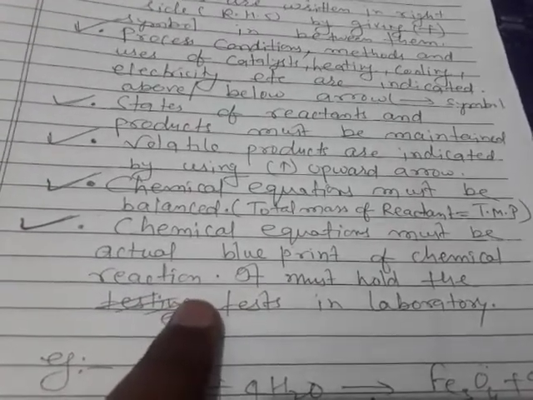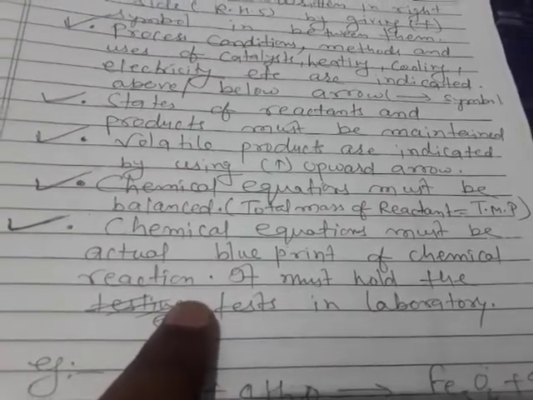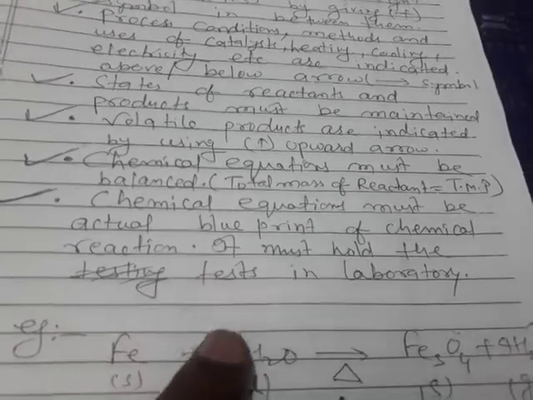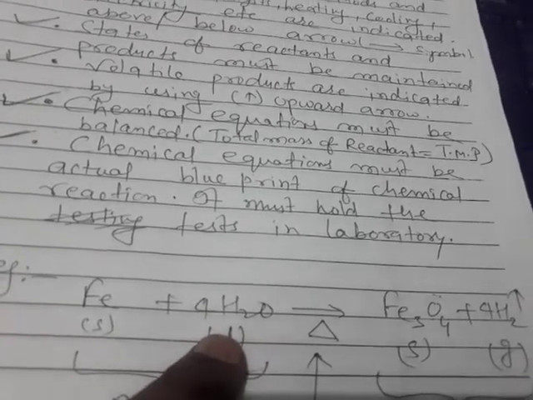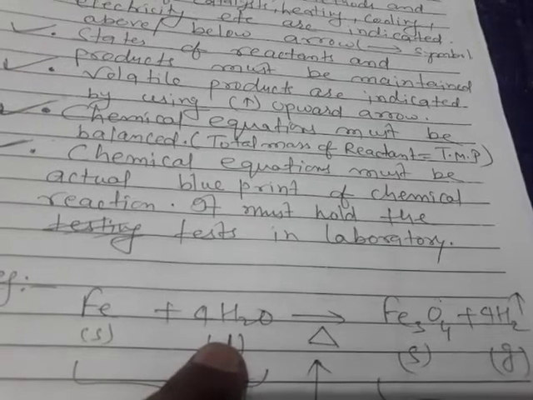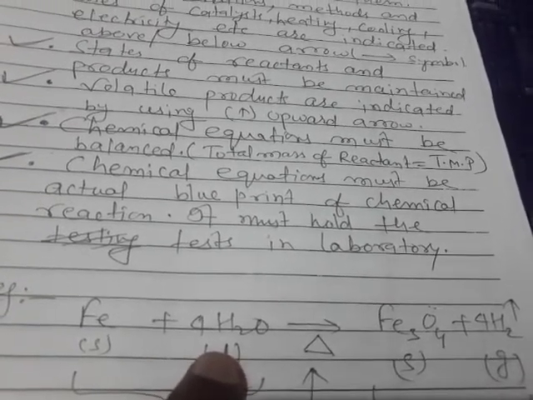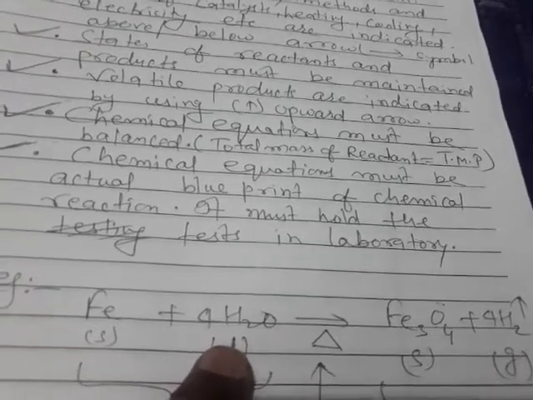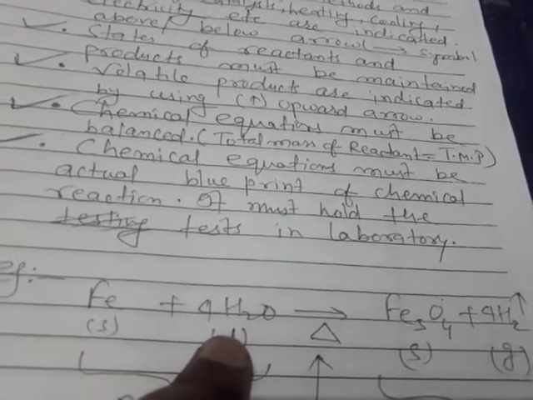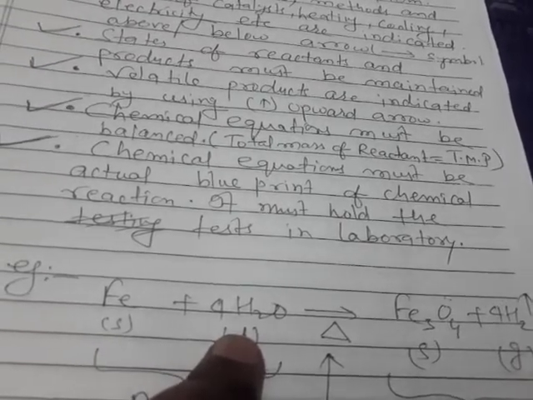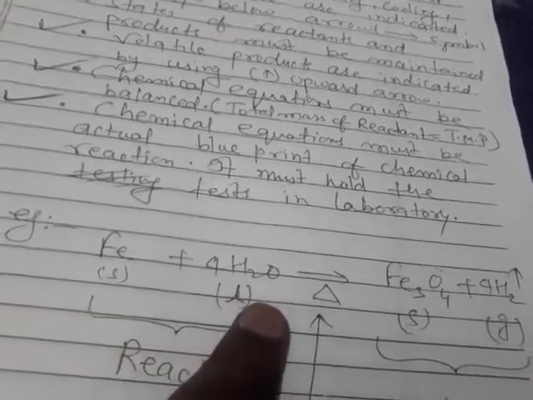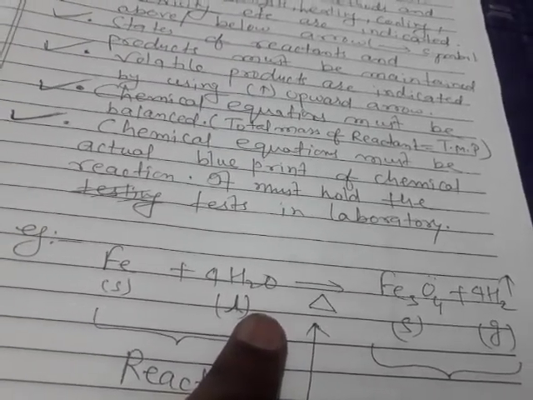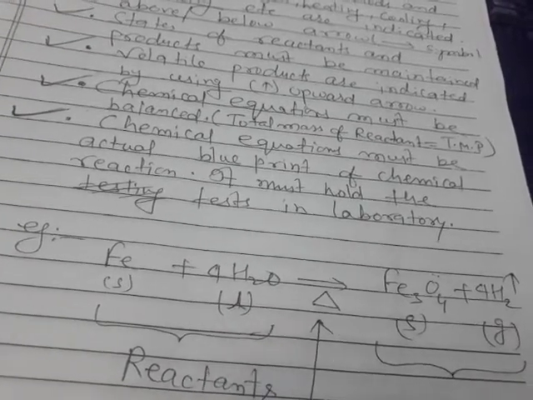Dear student, you must remember that the chemical equations which are written by us must hold true in the laboratory, ये लैब में साबित होना चाहिए. It must not be virtual and only on a notebook or copy. It must hold true in the laboratory. OK.